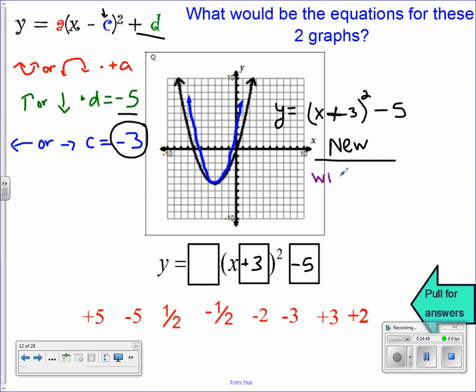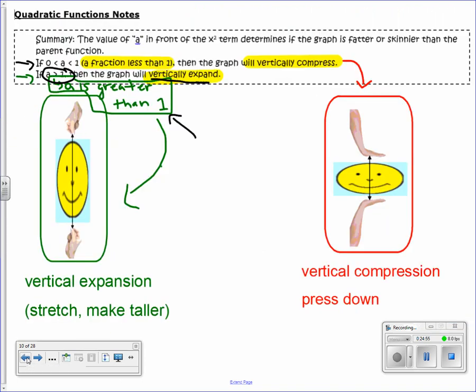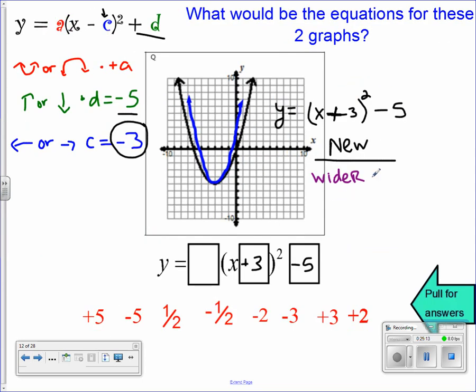If we look back at our notes, to get wider means to press it down, like if you took a hula hoop and pressed it down, it would get wider. The fancy word for that is a vertical compression.